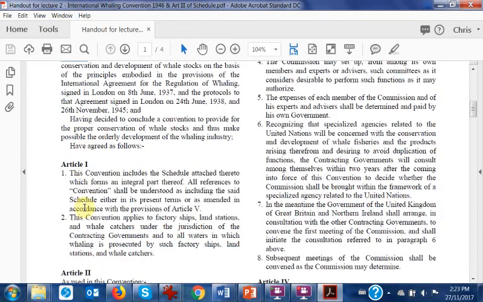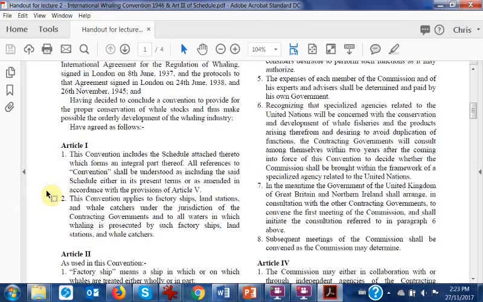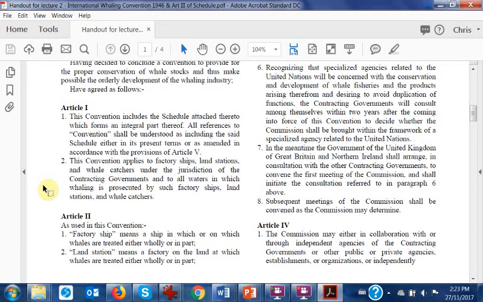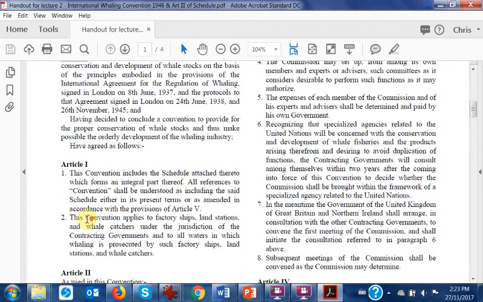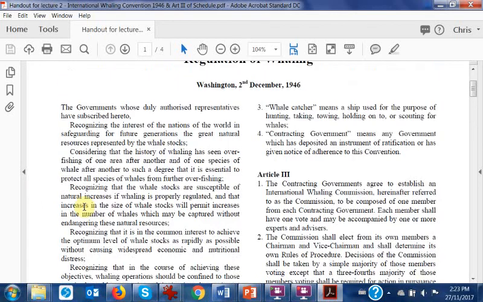And then Article 1 says that it includes the schedule and it applies to factory ships and the like. And then Article 2 is definitions. So it defines what a factory ship is, what a land station is, and then whale catcher and contracting government. So it's very common to see a set of definitions in one of the early articles, either Article 1 or Article 2.